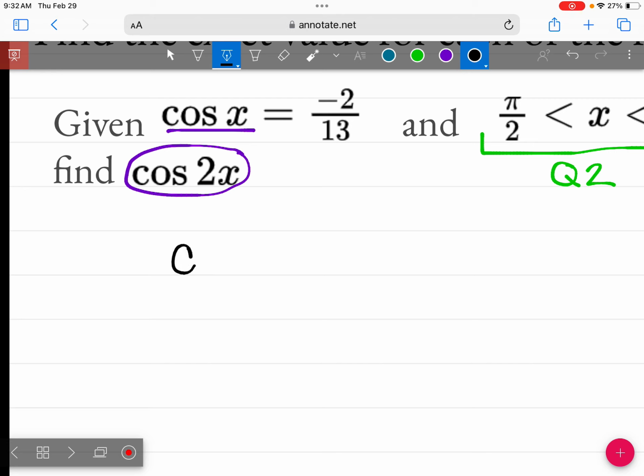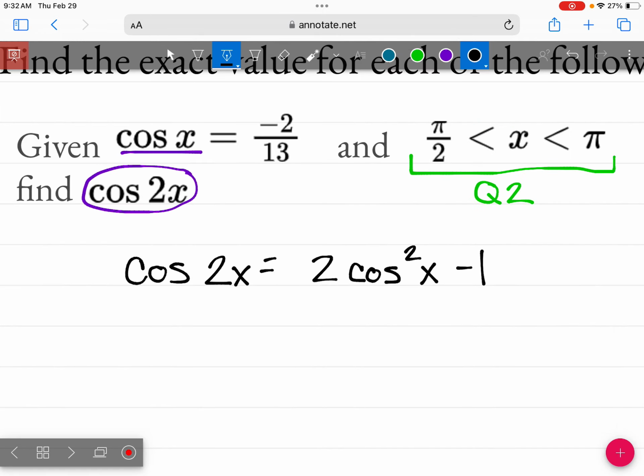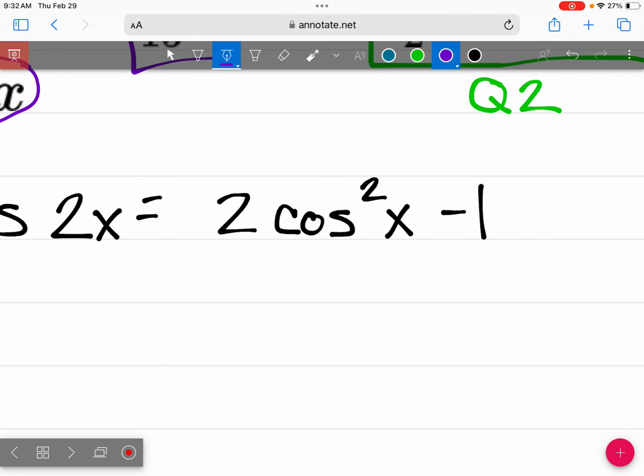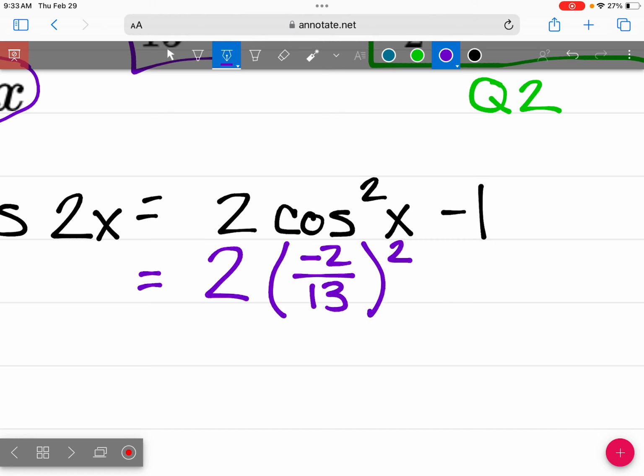Because we can write cosine of 2x using our just cosine formula, which was 2 cosine squared x minus 1. We know cosine of x. It's that guy. So we can take this formula and make this 2 times negative 2 over 13 squared minus 1.